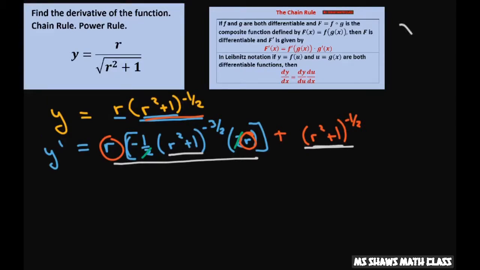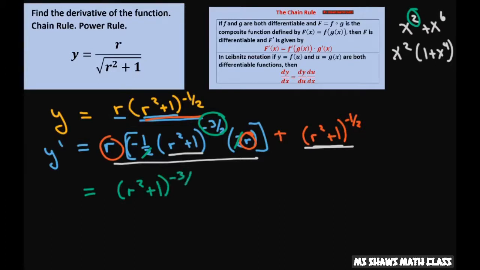So if you had x squared plus x to the 6th, you could factor out an x squared, and that would be 1 plus x to the 4th. So we factor out our smallest exponent. Our smallest exponent is this one. So you factor that out, and that's going to equal (r squared plus 1) to the negative 3/2.